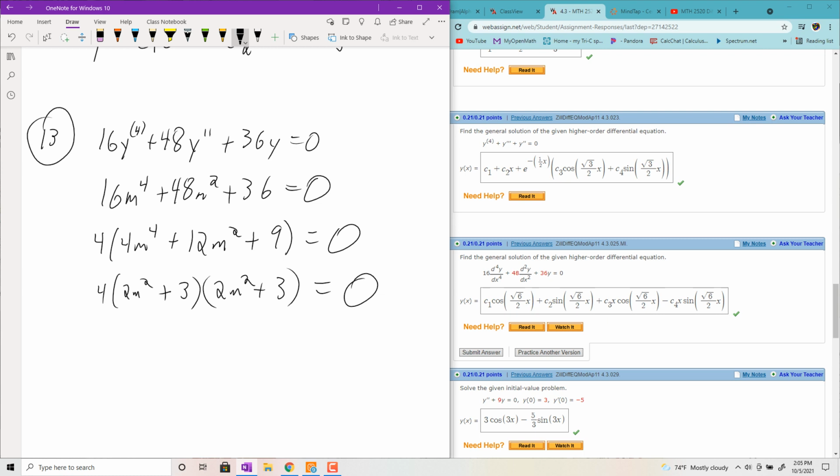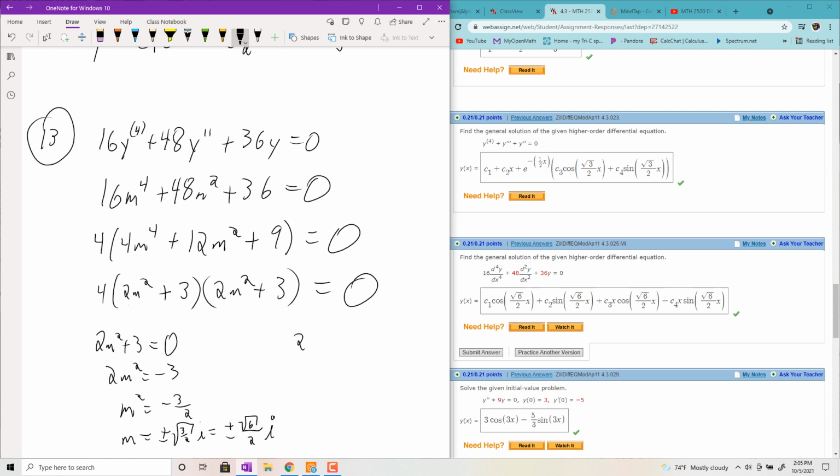You can get the roots just by setting these things equal to 0. So 2m squared plus 3, you don't have to do a quadratic or anything, equals 0. So 2m squared equals negative 3, so m squared equals negative 3 halves. So m equals plus or minus root 3 halves i, which of course is plus or minus root 6 all over 2 i.